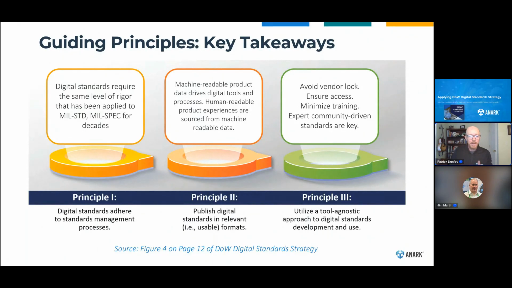And if you can mesh those together so that you get out of the way of Excel-based inspection plans for quality or Excel-based manufacturing process plans, 2D drawings that are recreated instead of derived from the 3D model as model-based views, or any other downstream artifact that's recreated as a separate disconnected asset. That's the idea behind Principle 2, is publishing digital standards in relevant formats that remains connected to that authoritative source.